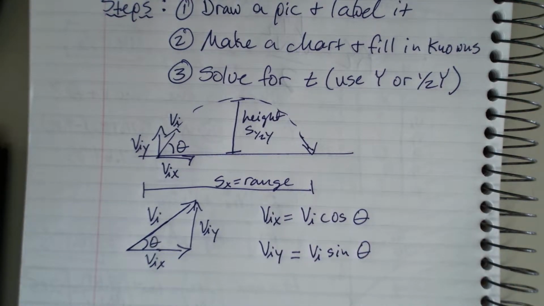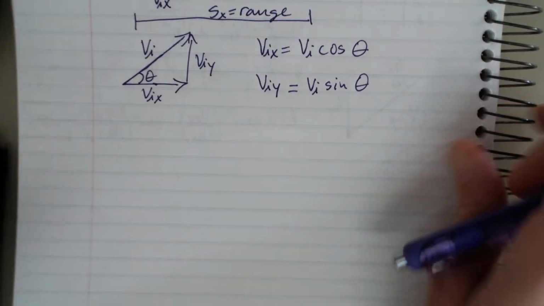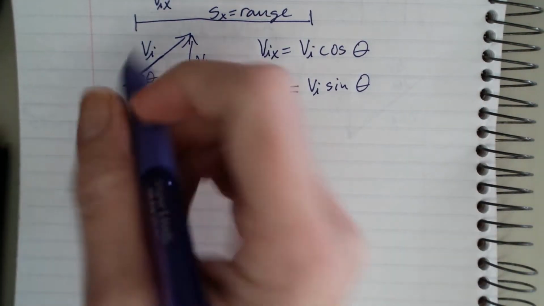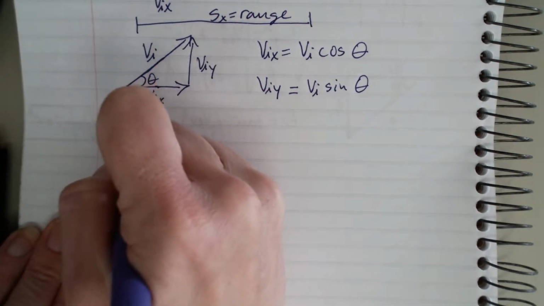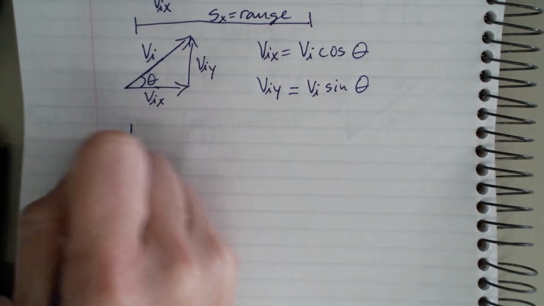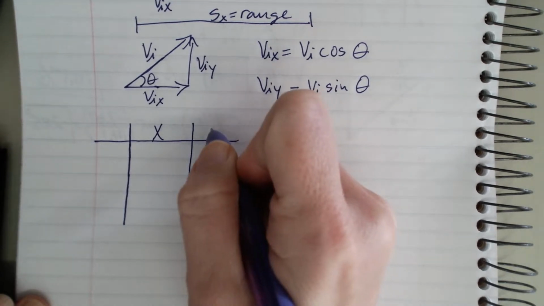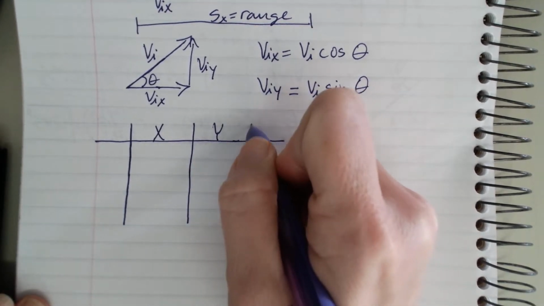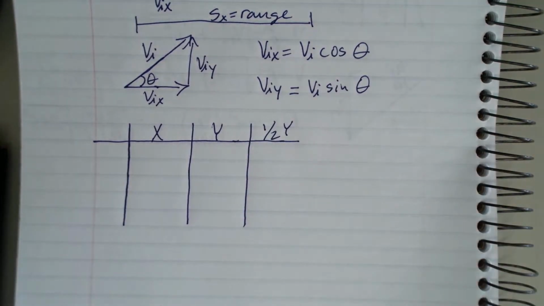Okay, so once you've got your picture, and I'm telling you where this is coming from because I'm going to put it in a chart. So then you draw your chart. Your chart will have an X, a Y, and a half Y. I'm drawing it kind of big so you can see everything.